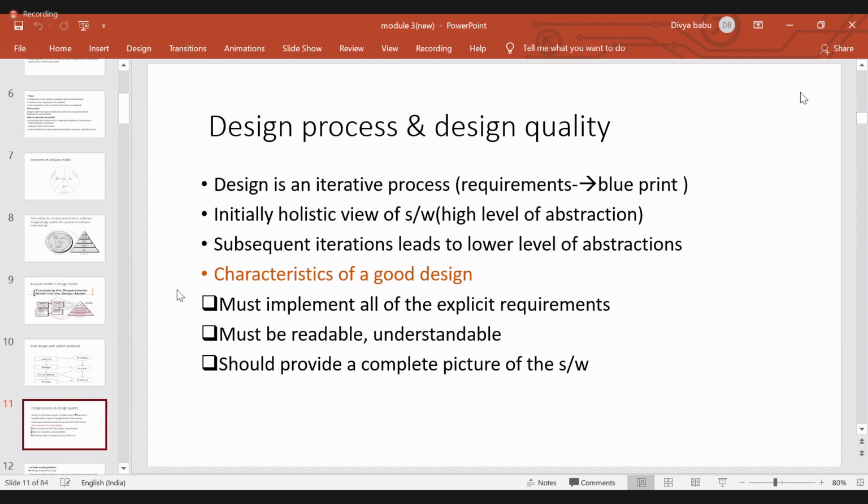When we're designing, different levels are there. It means we go from higher level abstraction to lower level. Higher level means just an overview design, a holistic view. What is the level difference? It is based on abstraction. At level 0, you just give the higher level abstraction, only the overview.